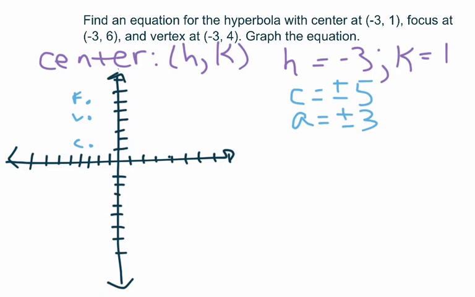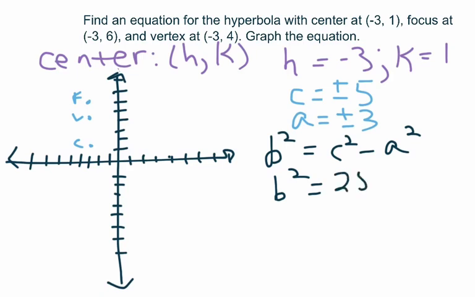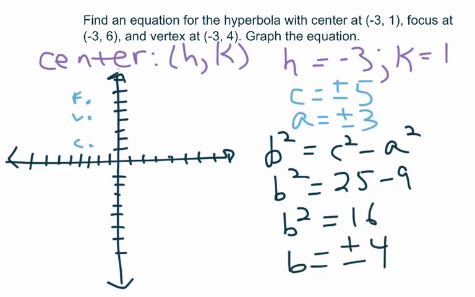We can find b using the formula b squared equals c squared minus a squared. So b squared equals 25 minus 9, b squared equals 16, or b equals plus or minus 4.